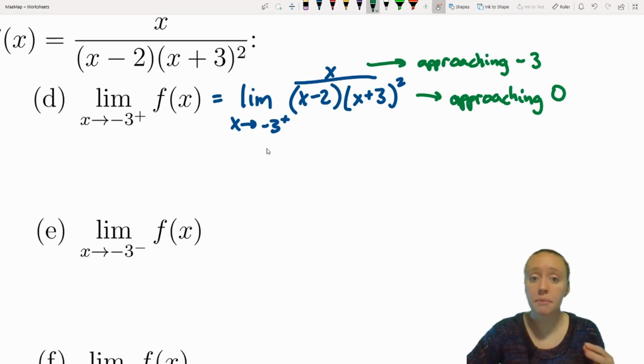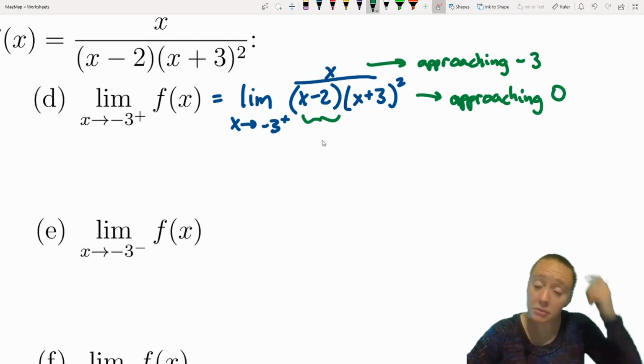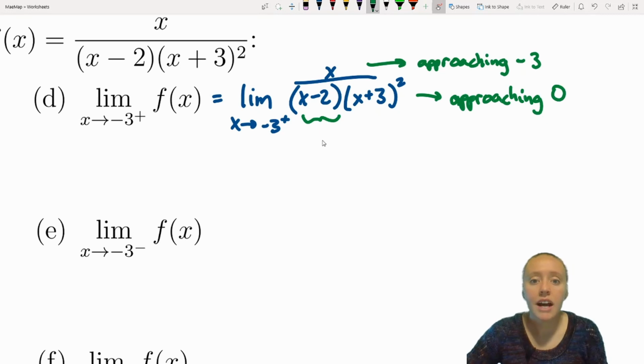If I was to plug numbers from the right of -3 into this factor, sometimes I'm going to get negative numbers, and sometimes I'm going to obviously get positive numbers, because think about numbers to the right of -3. If I was to plug in 0, that's to the right of -3, I would still get a negative. However, if I was to plug, let's say 5 in, 5 is technically to the right of -3, but I get a positive now. But that's okay if I do get positive values.